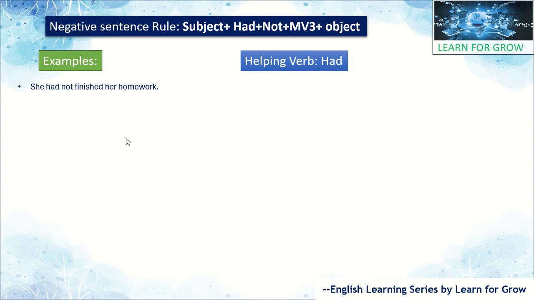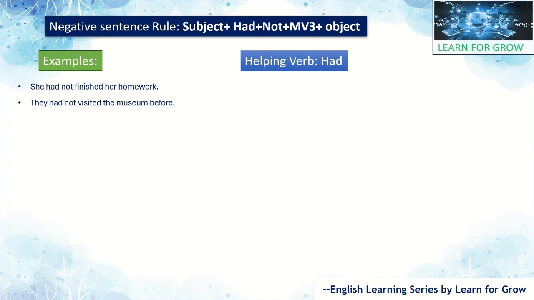First, she had not finished her homework. Here she is the subject, had is the helping verb, not is the negation, finished is the third form of the verb finish, and homework is the object. Another example: they had not visited the museum before.